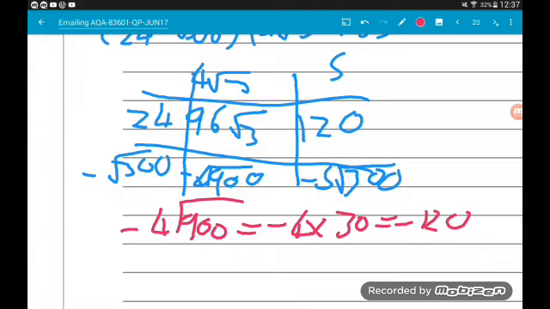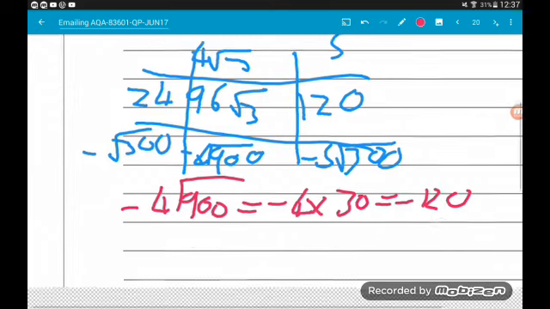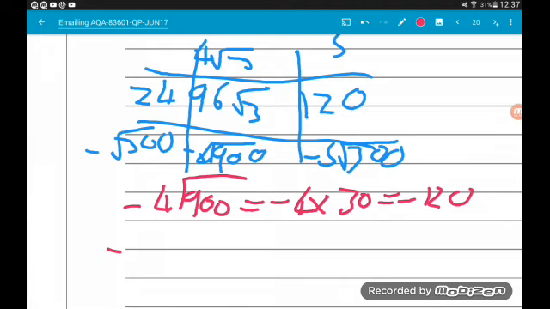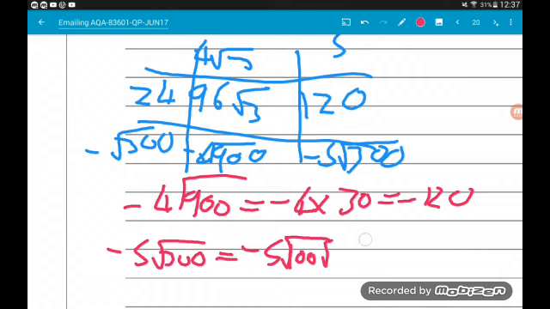Then we need to sort out now minus 5 root 300. Okay, so to do that, well, minus 5 root 300, we can write that as minus 5 root 100 root 3, like that.